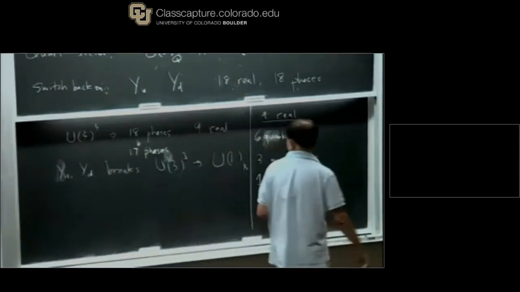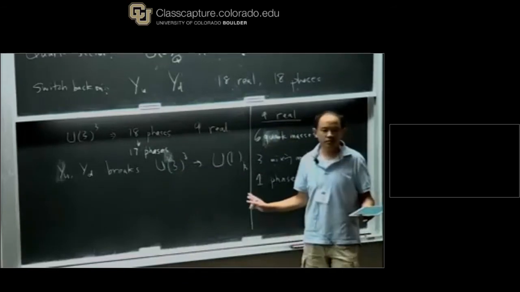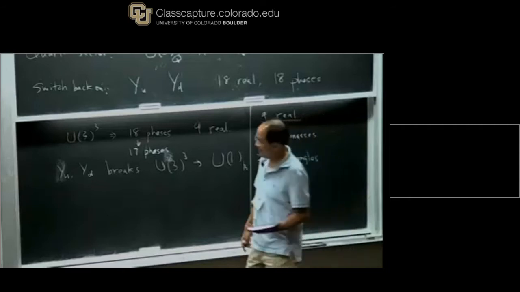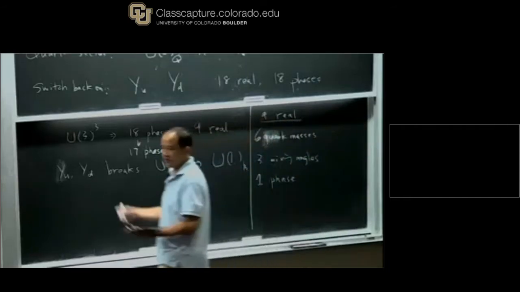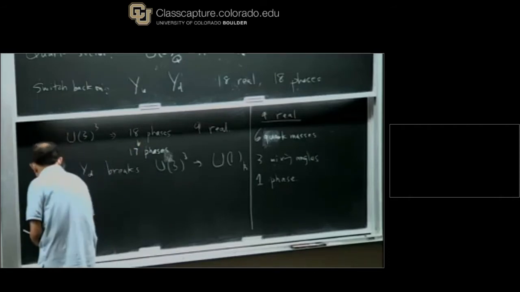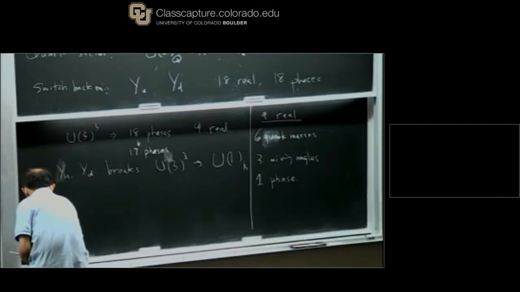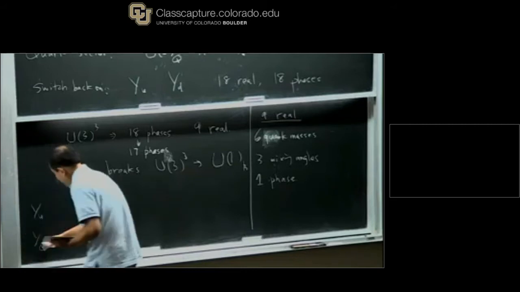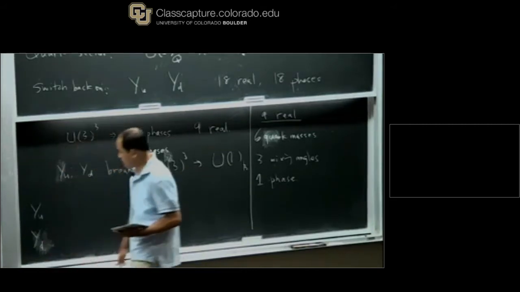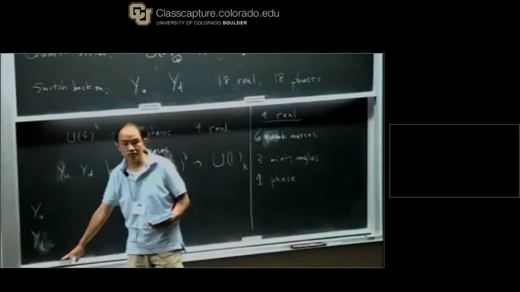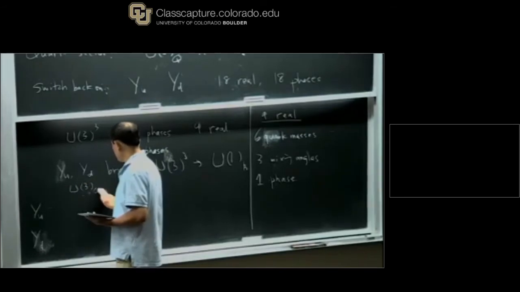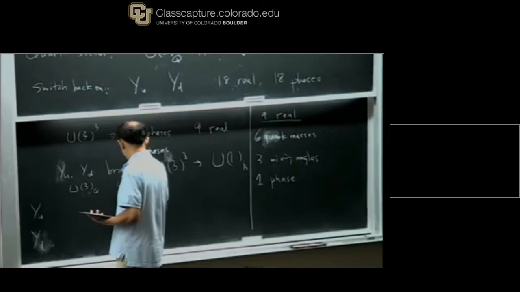Have you all seen spurion analysis? In more spurion-ish language, the way to say this is that there are 2 spurions, and there are 3 global symmetries.